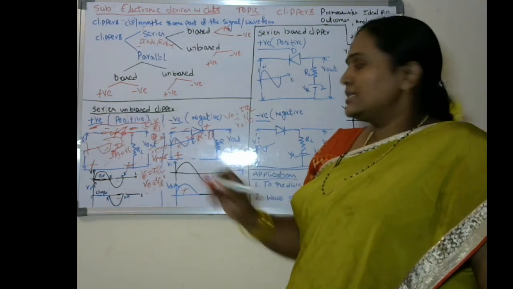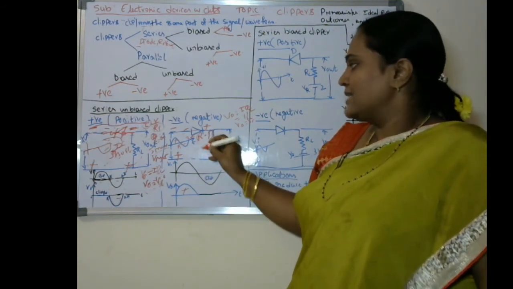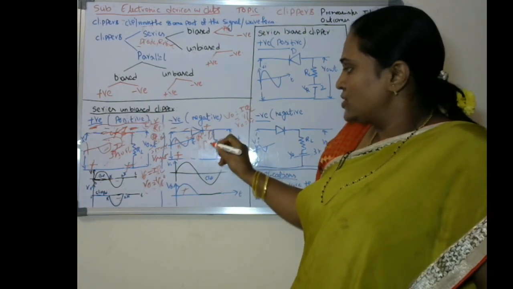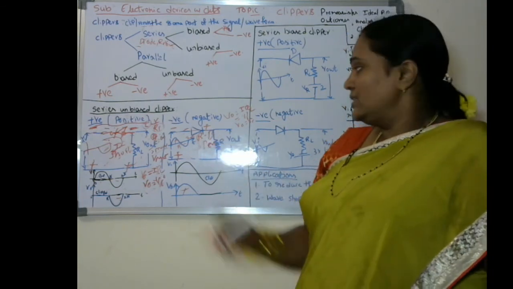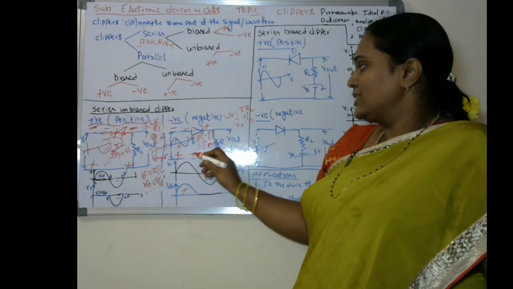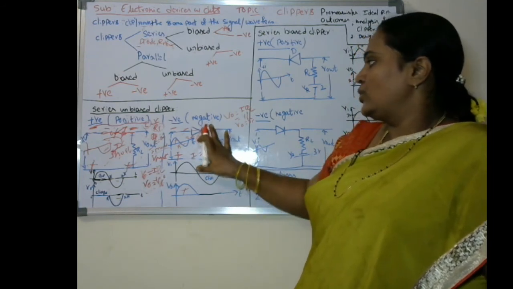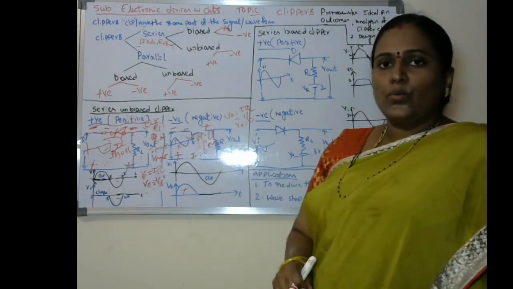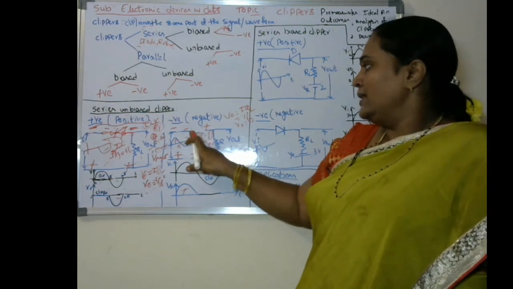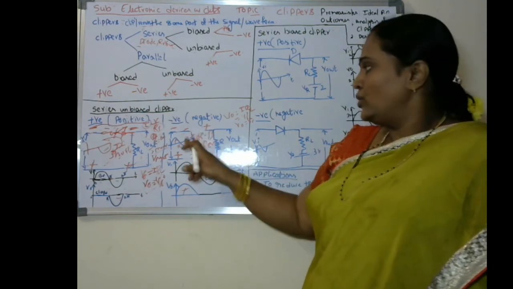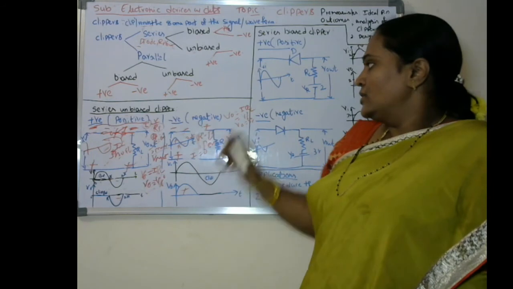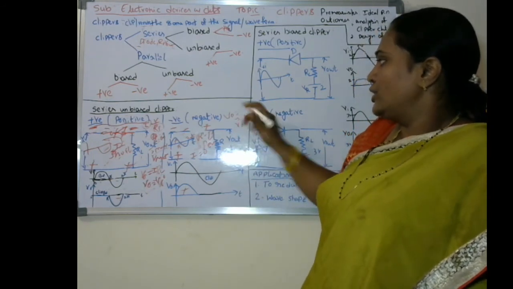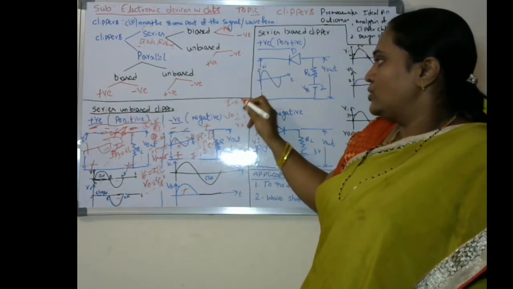Whenever the diode is in reverse bias condition, it acts like an open circuit. Whenever it is open, the current is equal to 0. It has been opened, which means no current flows in it. So the current is equal to 0. In this case, I will be equal to 0.